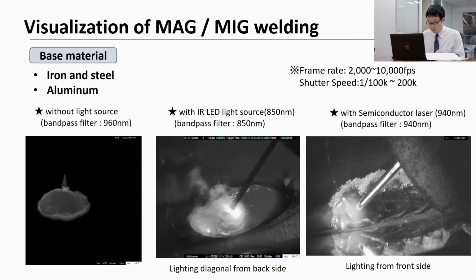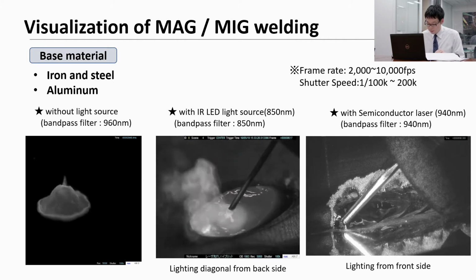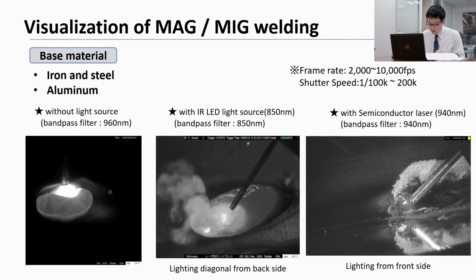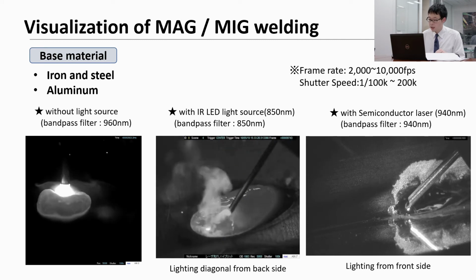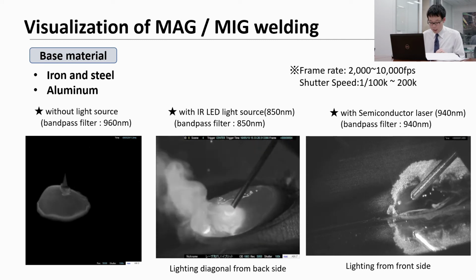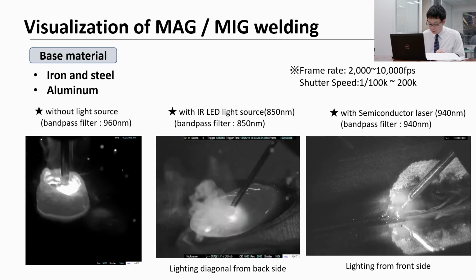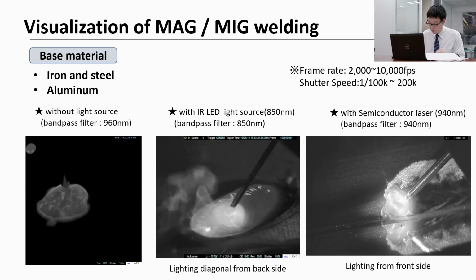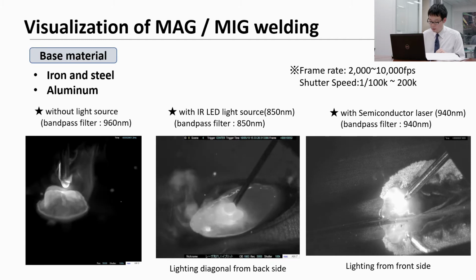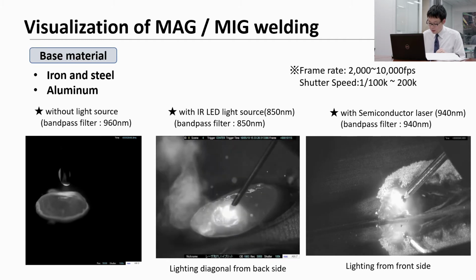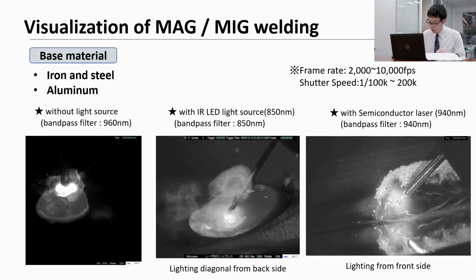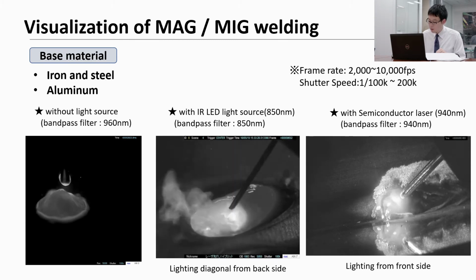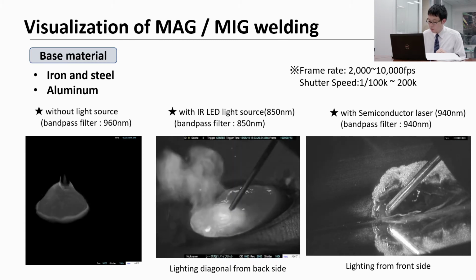We use an 850 nanometer bandpass filter because the wavelength of the IR LED light source is 850 nanometer. About the video on the right side, it shows the image of the welding pool when we shoot with a semiconductor laser light source. We use a 940 nanometer bandpass filter because the wavelength of the semiconductor laser is 940 nanometer.